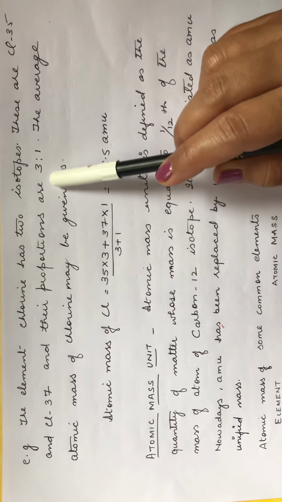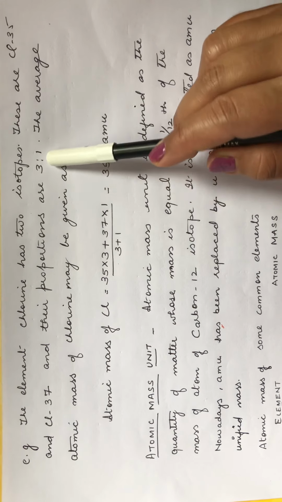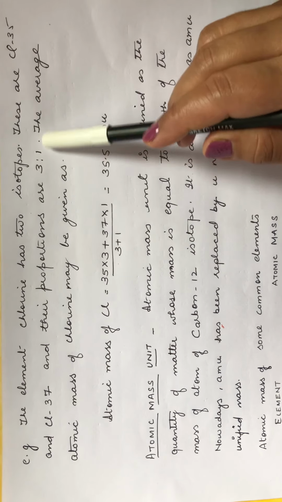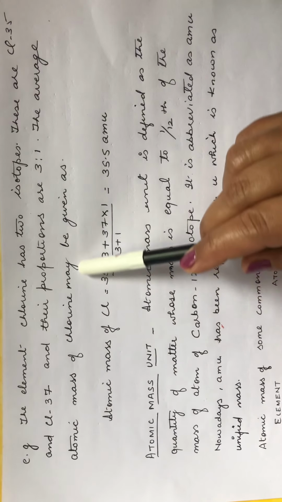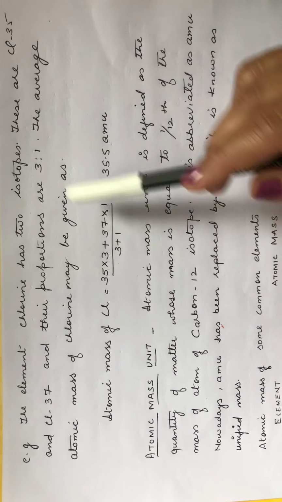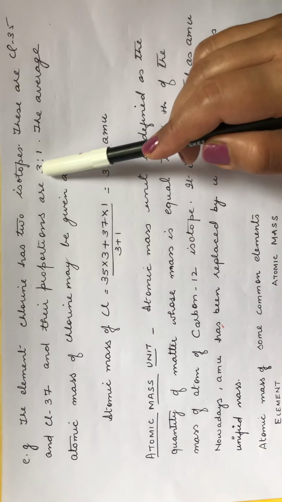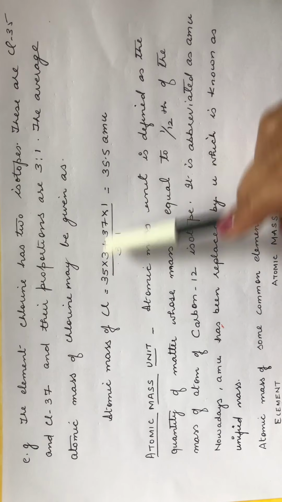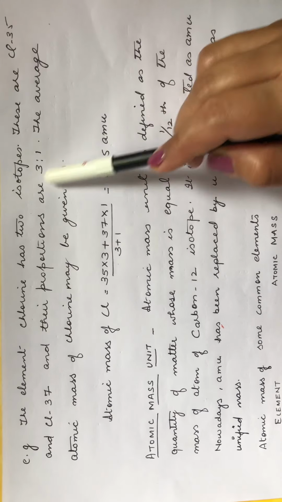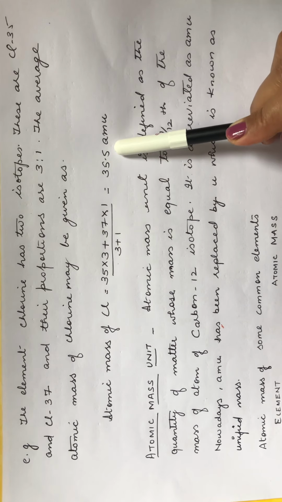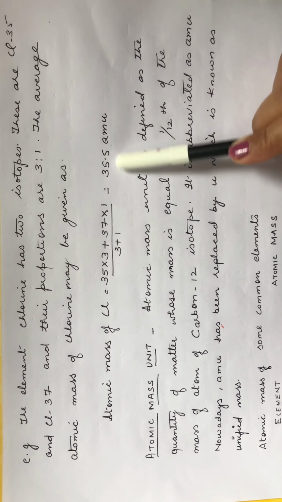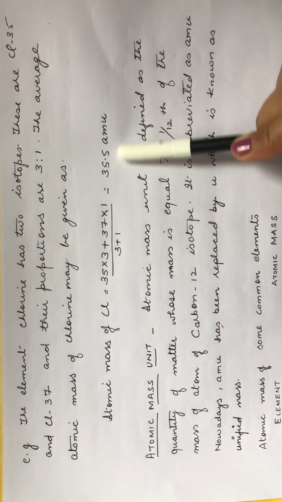So the proportion of occurrence is, if there is 100%, then 75% is chlorine 35 and only 25% is chlorine 37. Then the average atomic mass of chlorine is given as (35 into 3 plus 37 into 1) divided by the total occurrence, which comes out to be 35.5. So in this way we can find out the atomic masses of isotopes.